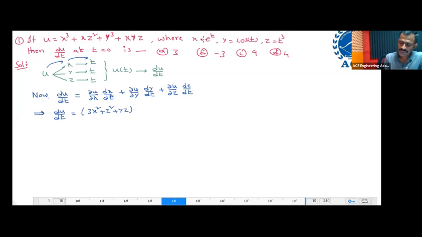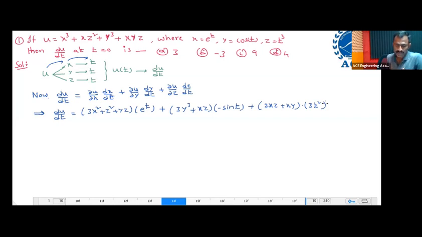X equals e power t, so the derivative with respect to t is e power t, plus u with respect to y, which is 0 plus 3y cube plus xz, and here y with respect to t is minus sine t, plus dou u by dou z, which is 0 plus 2xz plus 0 plus xy, into z with respect to t, which is 3t square.